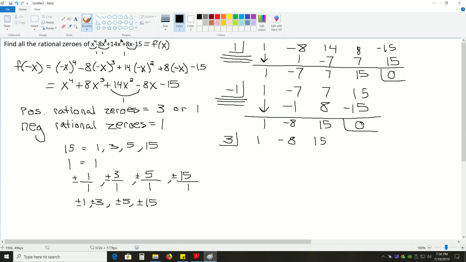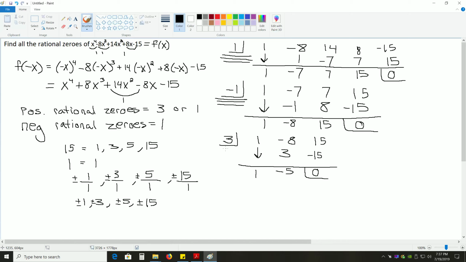Because the last one worked, we had a remainder of 0. So we bring down this 1, which gives us 1 times 3 is 3, plus -8 is -5, times this +3 is -15. Added to the +15 above it, we get 0.